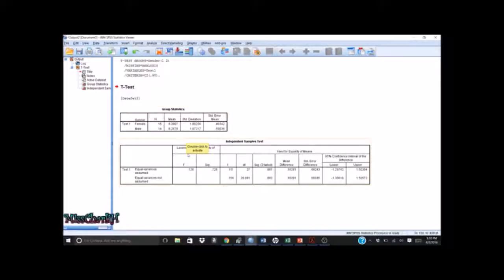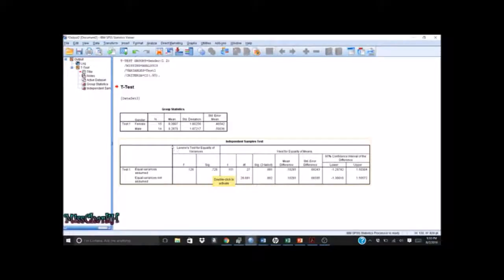First thing I'm going to want to do is look at my Levene's test for equality of variances. What Levene's test is doing for us is telling us whether or not we have broken the assumptions when we're running our statistical analysis. If Levene's test is below 0.05, so that's the significance level for the Levene's test.